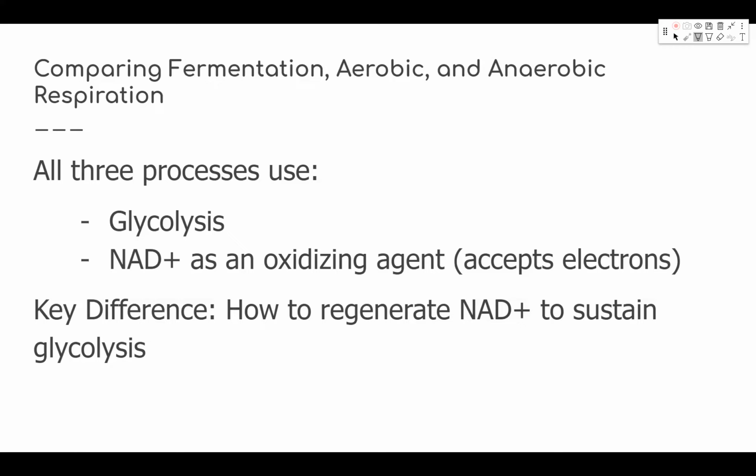All 3 of them use NAD plus as an oxidizing agent, meaning it will accept electrons through the process of glycolysis and further down the line. The key difference with all of these processes is how we are regenerating that NAD plus. That's our difference.